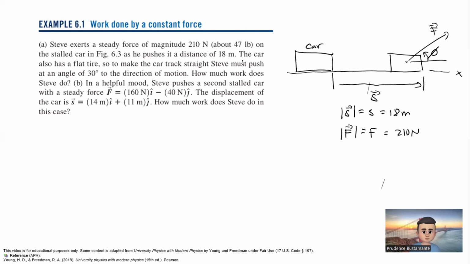The question now is that the car also has a flat tire, so to make the car track straight, Steve must push at an angle of 30 degrees to the direction of motion. So, given the angle between the force and the displacement to be 30 degrees. Okay. The question for letter A is how much work does Steve do in this particular case?